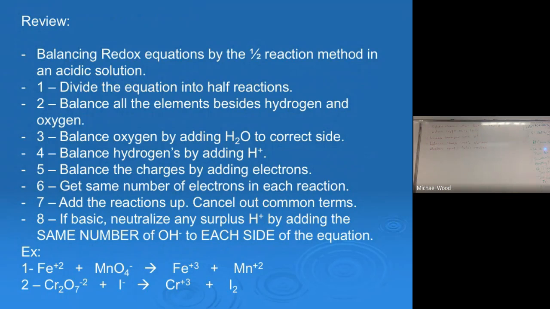So balance the elements other than oxygen and hydrogen. And technically 1 and 2 are good to do, or really 1, but usually when you look at a reaction like 1 and 2, usually the elements that you look at are the elements that are not oxygen and hydrogen. So if I look at reaction 1, I've got Fe plus 2 plus MnO4, and of course the right way to do this is to do what I got there in step 1, which is to look at the oxidation number.